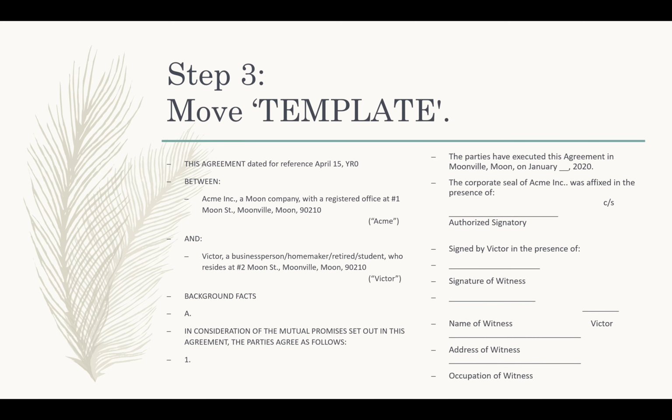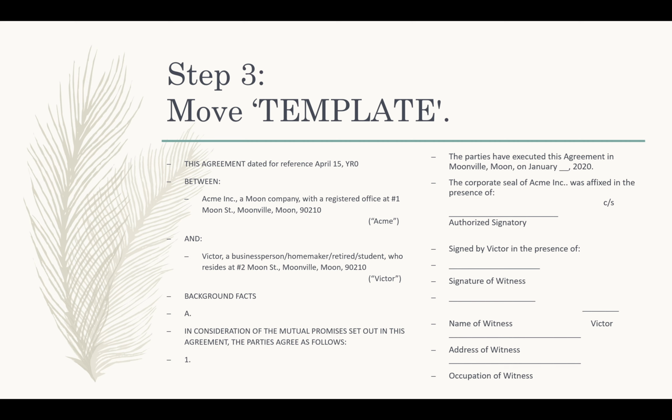All right, so here's a template of what a contract should look like. It's an example template. We start out with "this agreement dated for reference between party 1 and party 2," and background facts.